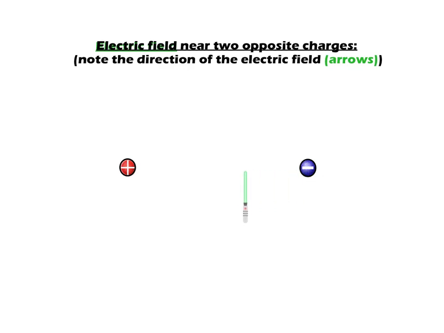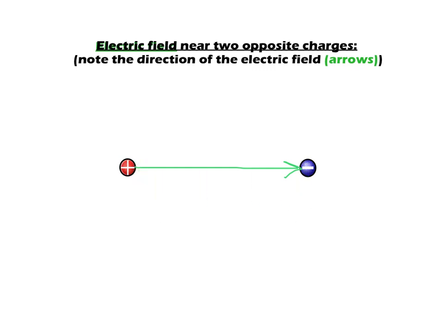Remember, the electric field is defined as the force experienced by some small positive test charge. And so what we wind up with is that the electric field right in between goes right from the positive over to the negative. Now, what's kind of interesting about this is that the size of the electric field is the same. It's uniform all the way along from the positive charge to the negative charge.